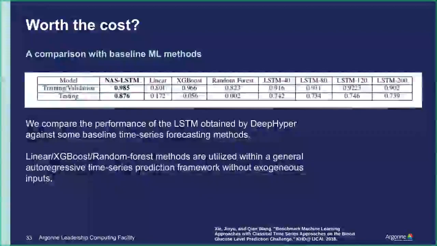Now, something that you might be thinking about right now is, is it actually worth the cost, right? 3 hours of wall time on 128 compute nodes of Theta is incredibly costly and also not very good for the environment. So we went ahead and compared this neural architecture search LSTM against some standard ML methods that you can whip up in less than half an hour. And obviously, there's no way to guarantee that a manual search cannot find the best architecture, because it depends on how many man hours you have.